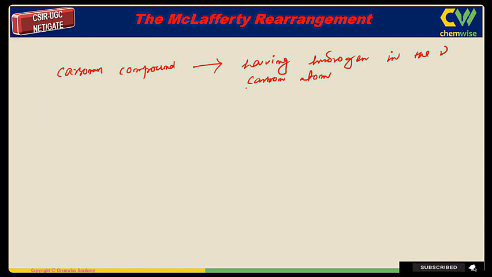Then what will happen? You have a carbonyl compound with a gamma hydrogen atom. It undergoes rearrangement during the mass spectrum analysis involving a 6-member low energy transition state.